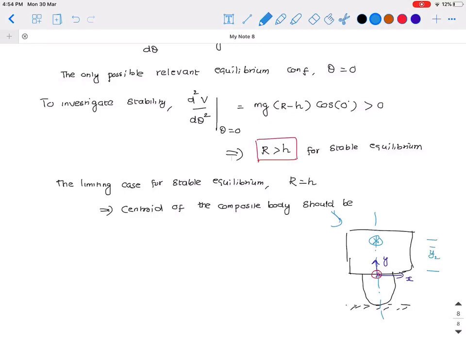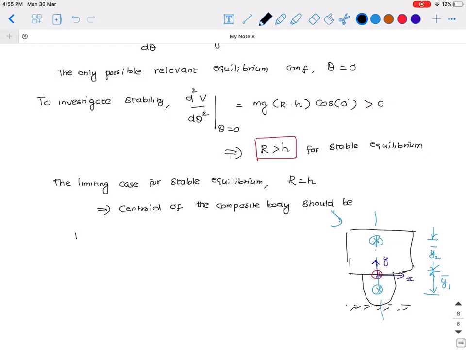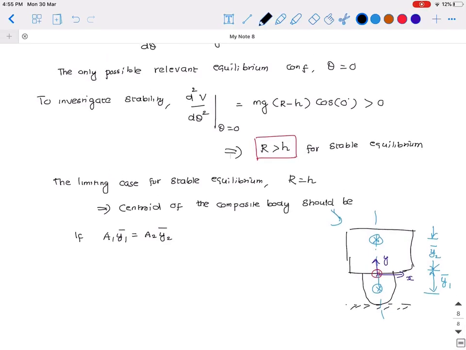Let's say this is y2 bar, and let us say the centroid of the semicircle is here, located at y1 bar. Okay, so the centroid of the composite body will be at the red circle if A1 y1 bar is equal to A2 y2 bar. Okay, for this equilibrium configuration. So A1, by 1 we mean semicircle, by 2 we mean rectangle.